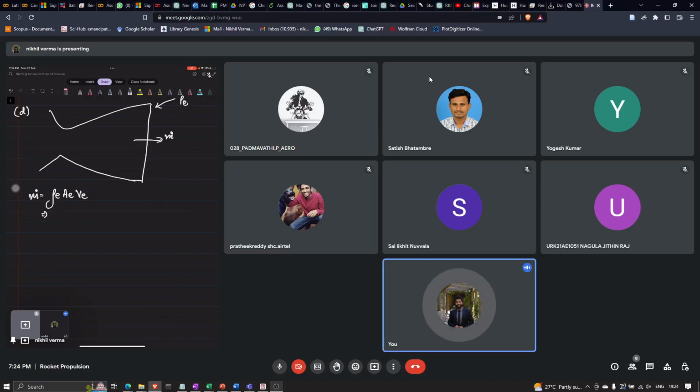Now rho exit can be written as P exit by R T exit. So A exit and V exit can be written as, give me a minute.